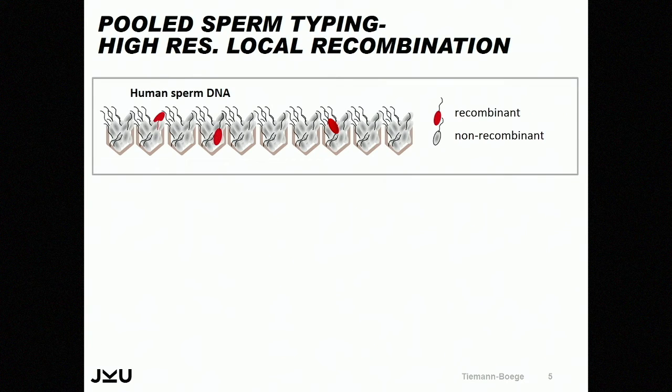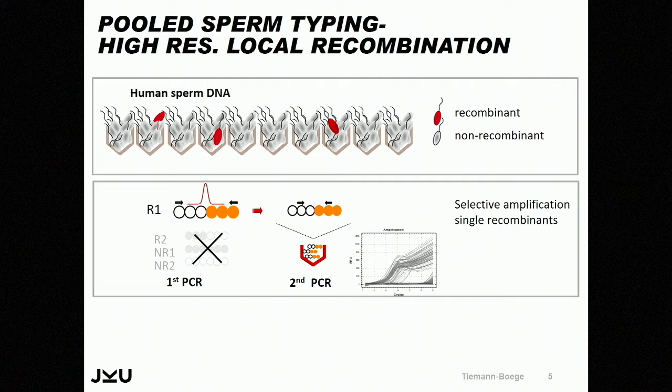And there's a fourth method that we have been developing. Alec Jeffreys' group also has been using this method, and it's called pooled sperm typing. The idea is that you take your sperm, which are meiotic products, and you pool them such that you have on average one recombinant or less in a small pool of DNA. Then you use special PCR tricks in order to amplify only the recombinant DNA molecule.